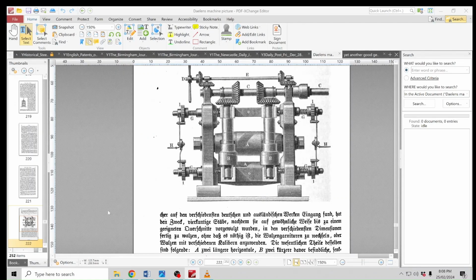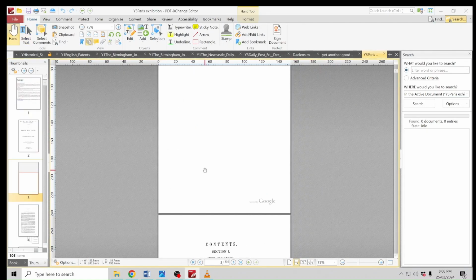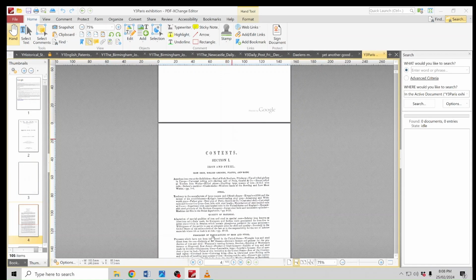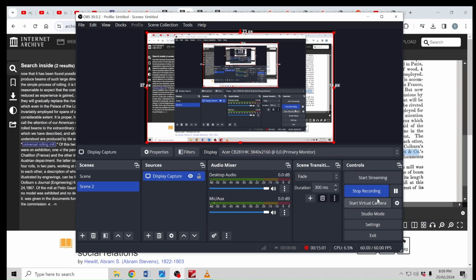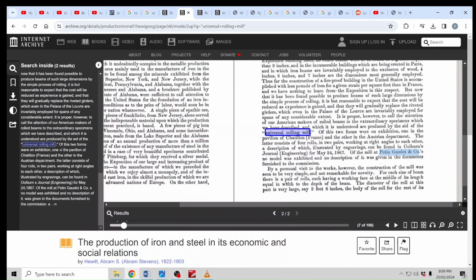So the Paris exhibition. We can go to the 1867 Universal Paris exhibition, where a guy from America, he's come over for a bit of a visit, and this is when he sees these things called universal rolling mills.